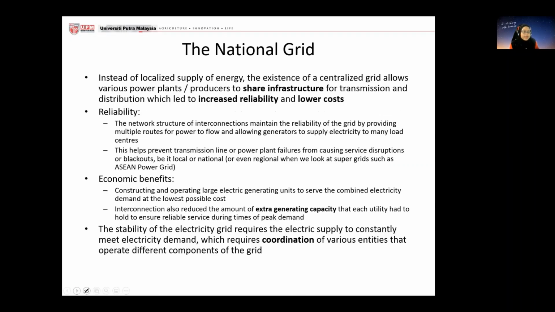So basically the advantage of the national grid is that, instead of having a localized supply of energy, you have a centralized system, and this centralized system allows various power plants and producers to share infrastructure for transmission and distribution, which leads to increased reliability and lower costs.